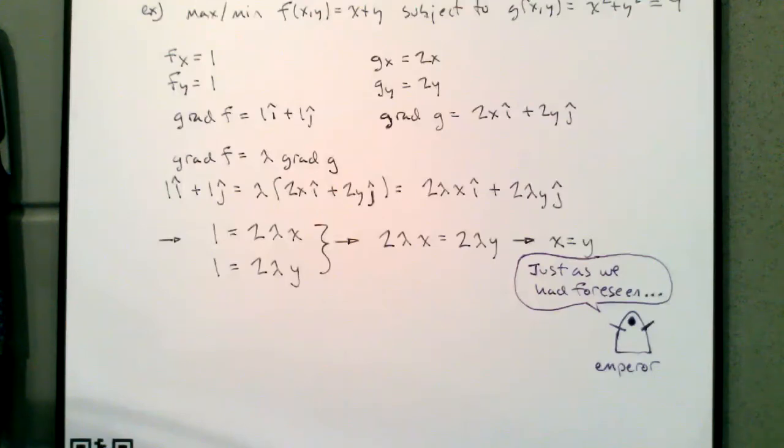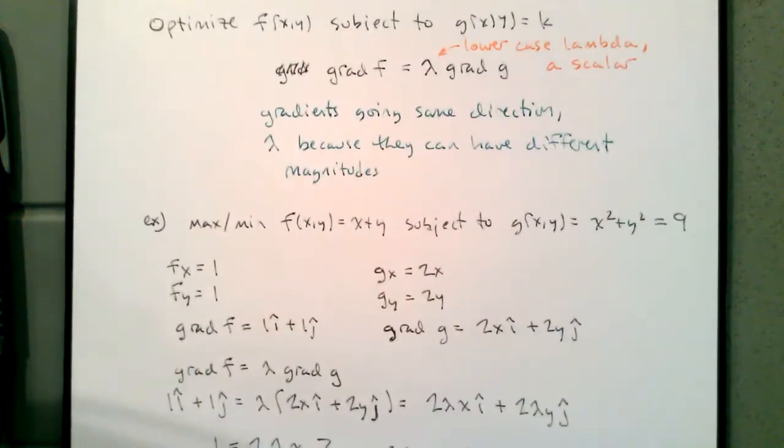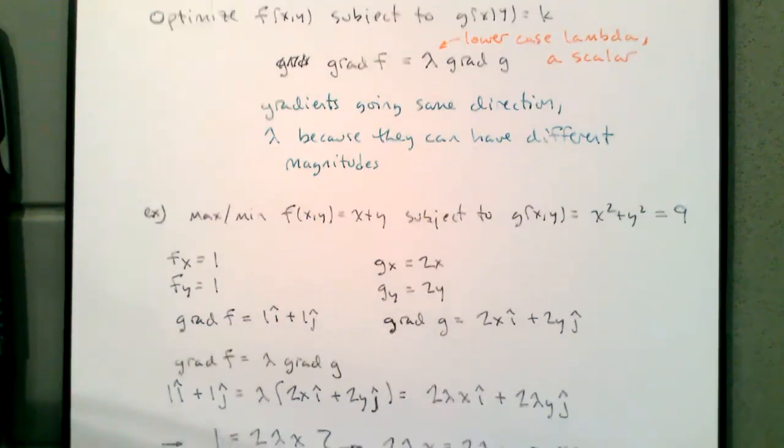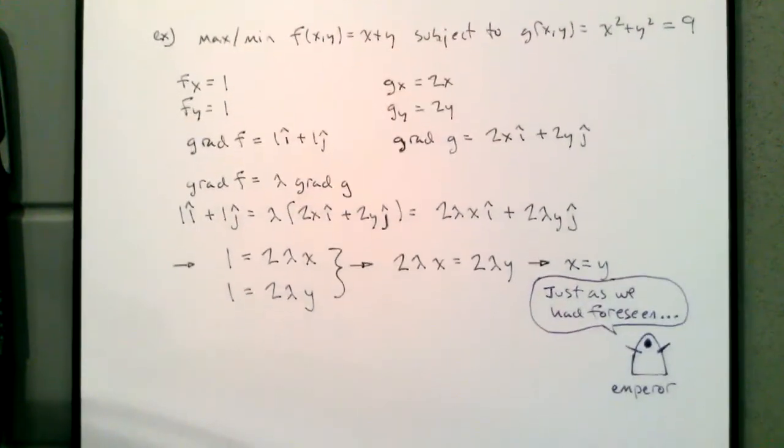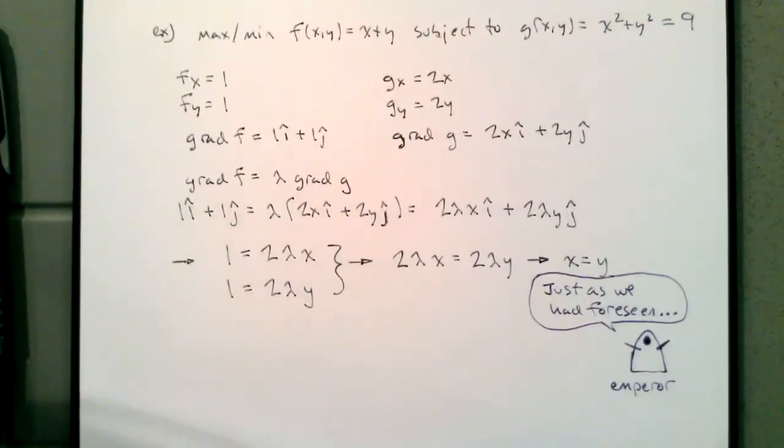So what we have is a process for optimizing a function subject to a constraint. I want the gradient of my objective to go in the same direction as the gradient of my constraint. Once we solve that, that doesn't take into account the actual value of the constraint.